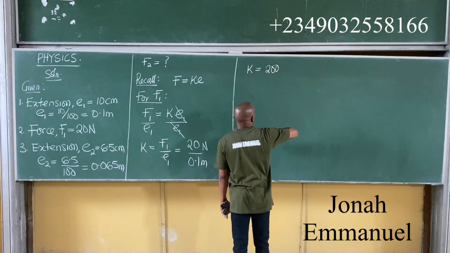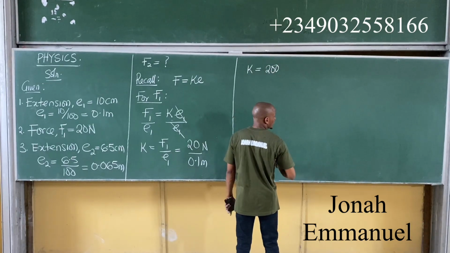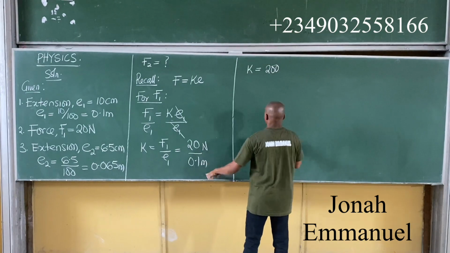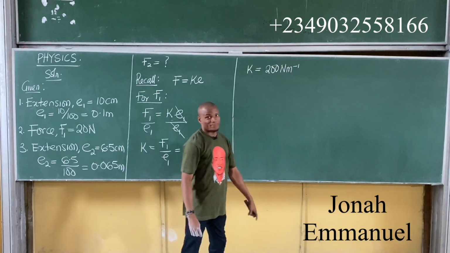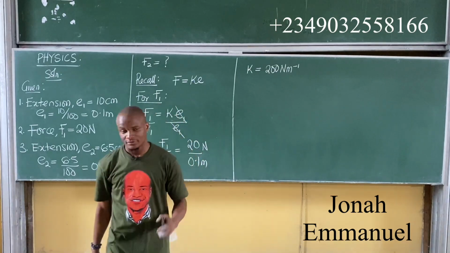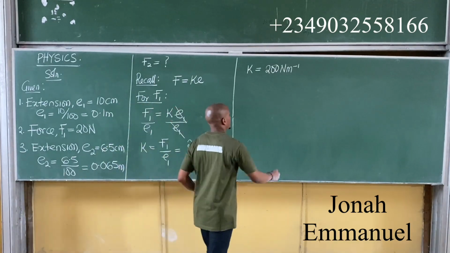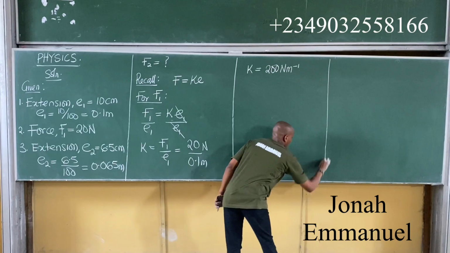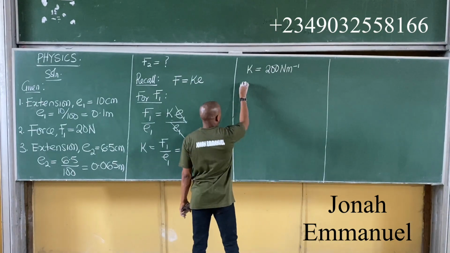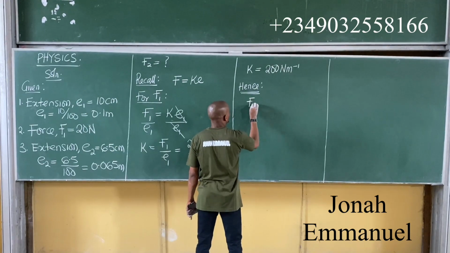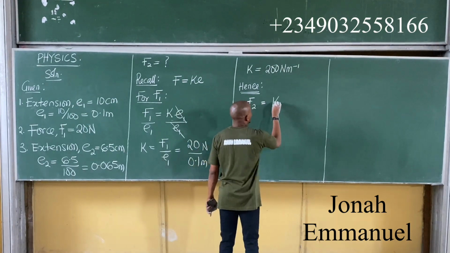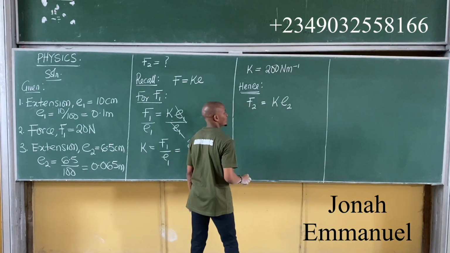200. Units? This over this, Newton over meter. It is per, not back. Not the same thing. Newton per meter. So let's find the force. Hence, F2 is equal to KE2.